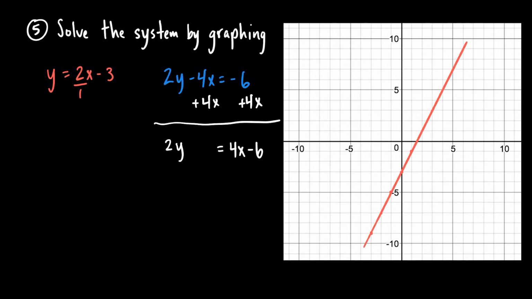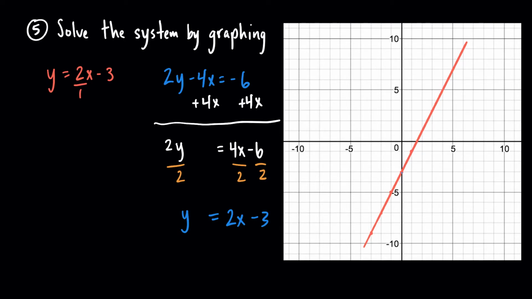And then we will divide by 2 here. Everything gets divided by 2. And we're going to finish with y is equal to, so 4x over 2 is just 2x. And then negative 6 over 2 is just minus 3. Okay? And so let's graph this blue line now.